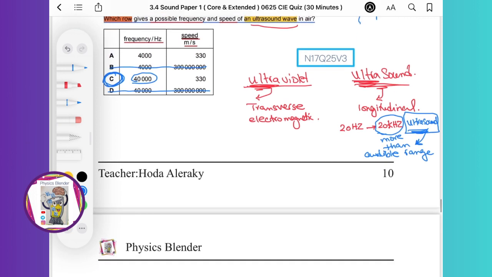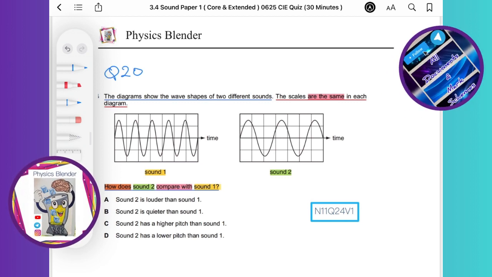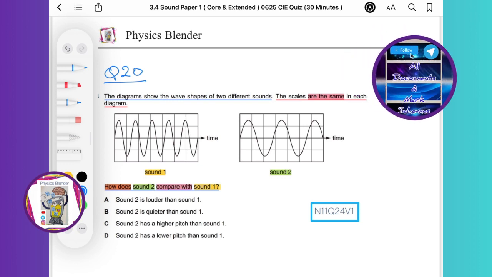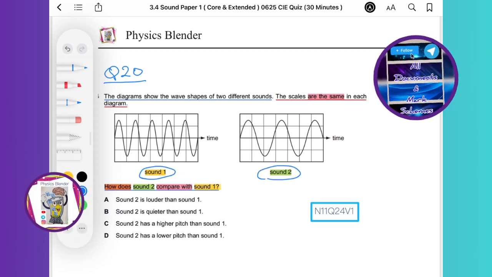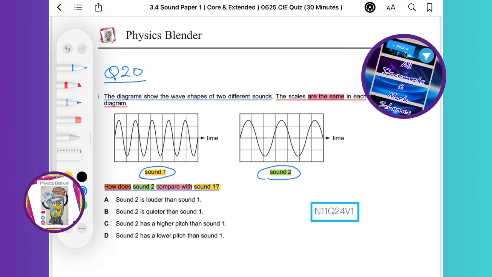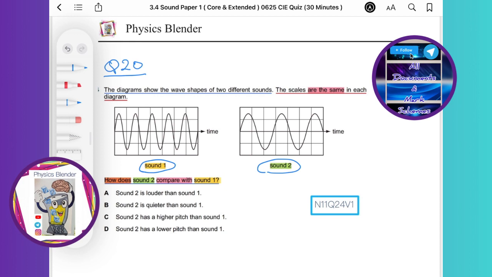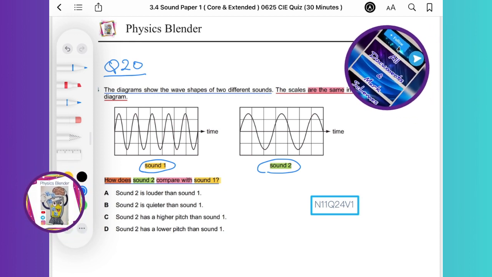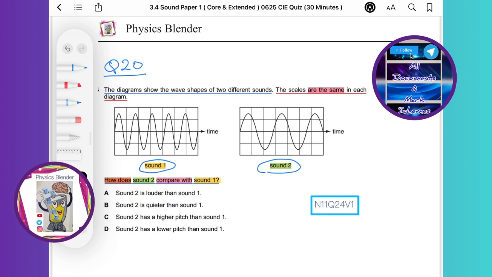Okay. The last question we have in our quiz today, question 20. We have two diagrams comparing sound waves, sound 1 and sound 2. If you compare these two graphs, sound waves as shown on the CRO, cathode ray oscilloscope, you will find that the first one has higher frequency.